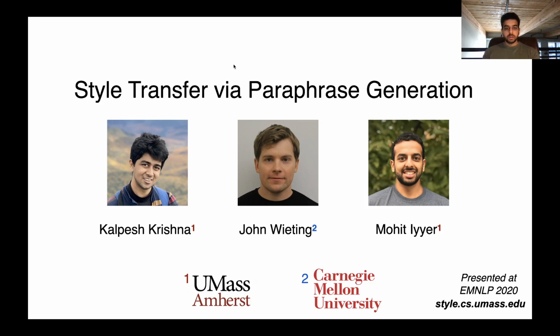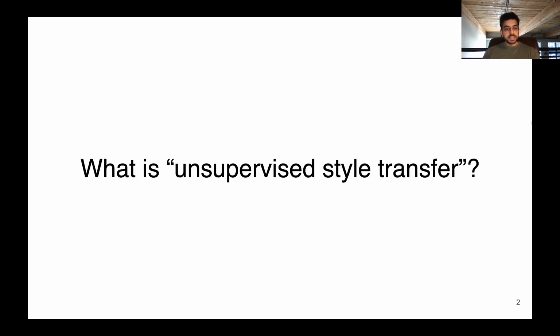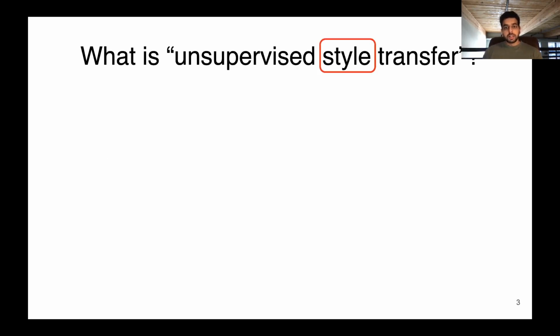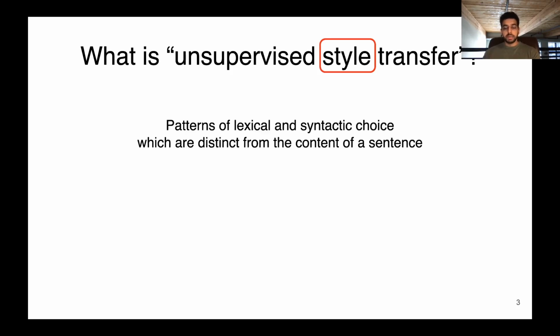Okay, so what exactly is unsupervised style transfer, which is the task that we're tackling here? First of all, the most important word in this term is style. So what exactly is style when we're talking about a piece of text? We use the following definition.